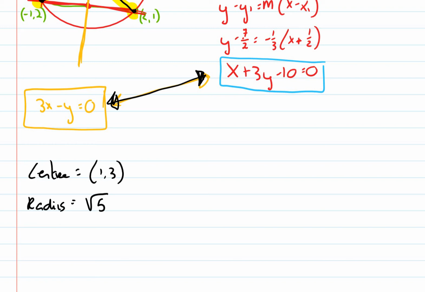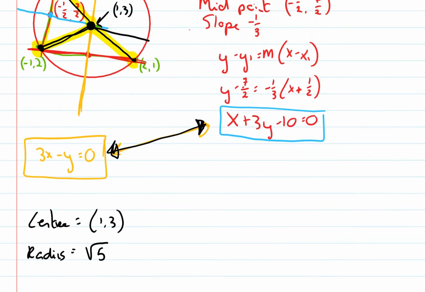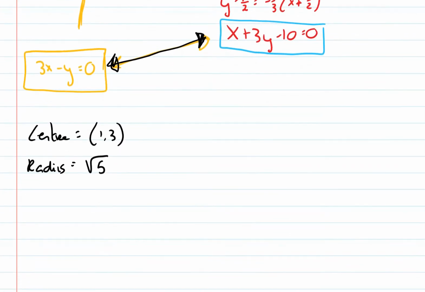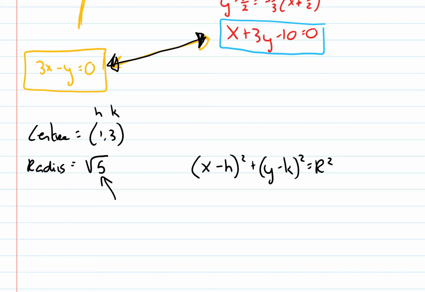Now we have everything we need. I have the center, I have the radius. The center of this circle is not (0, 0), so the equation of the circle is going to be in this form: (x minus h) squared plus (y minus k) squared equals r squared. This is h, this is k, and this is r.